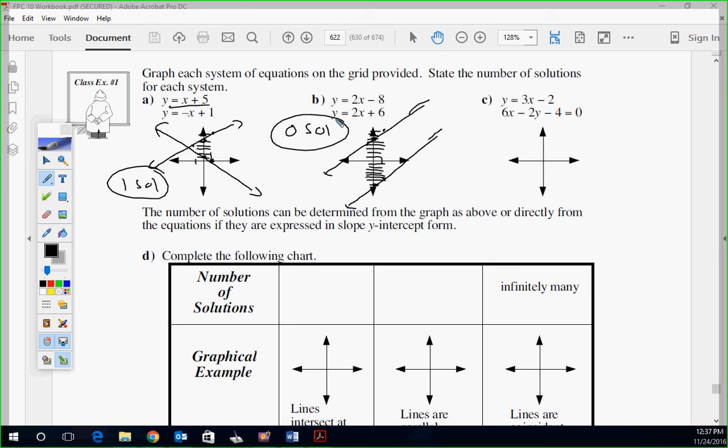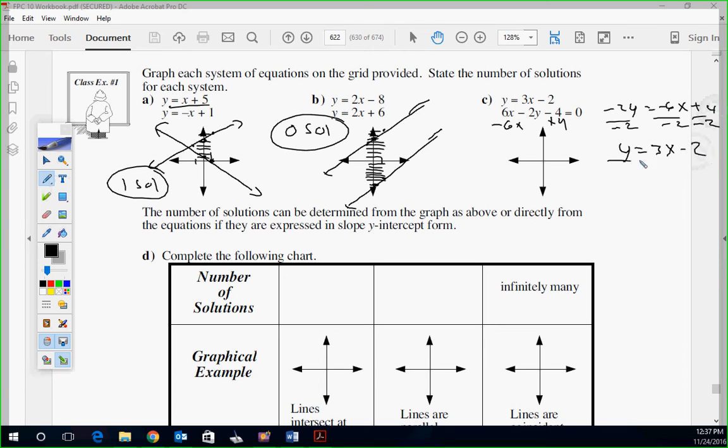Okay, and the next one we have to solve for y. So I solve for y: minus 6x, add the 4, divide by negative 2. It's a 4, not a 9, sorry. Minus 2.